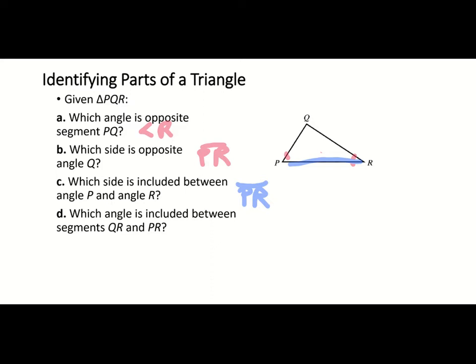And then our last question, which angle is included between segments QR and PR? So here is QR and PR right there. So the angle included, if you draw it, you can see it really quickly, is angle R.